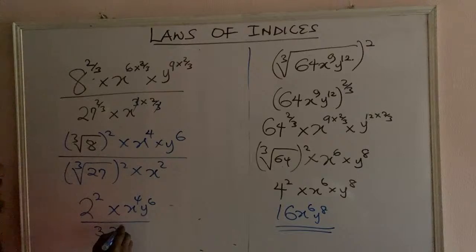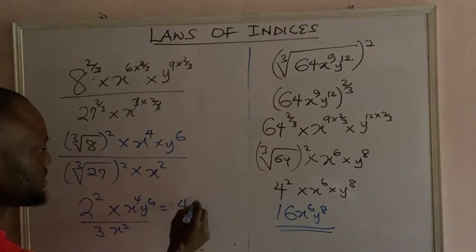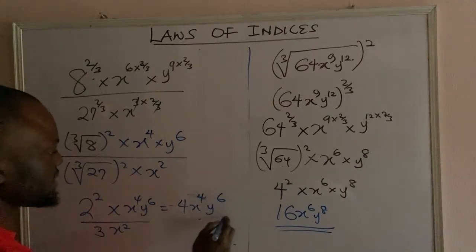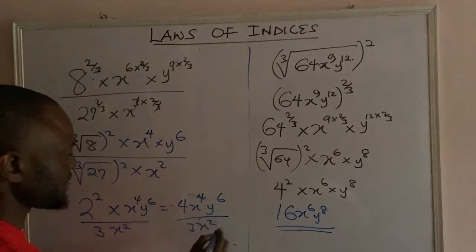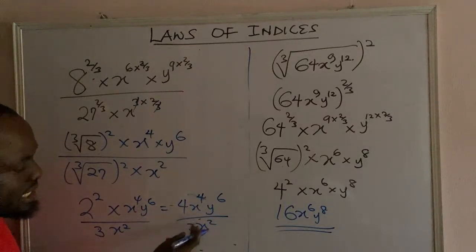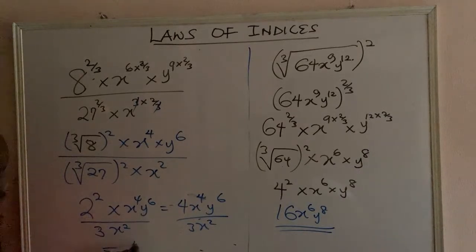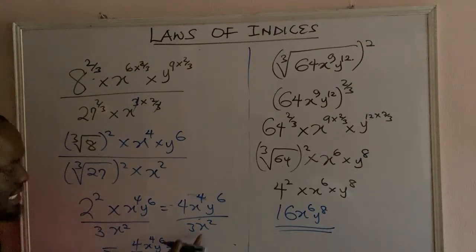All right, so here, finally, we have 4x to the 4, y to the 6 over 9x squared. So you can see that if you want to go by the law, I can say 4 over 9 times x to the 4, y to the 6 divided by x squared.